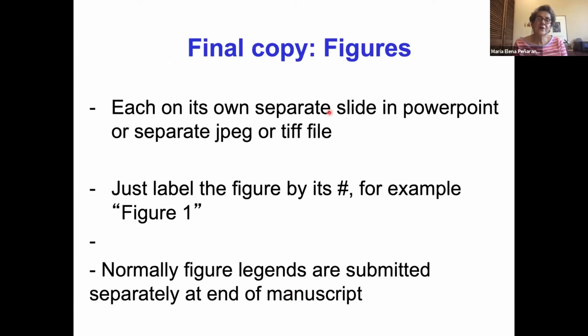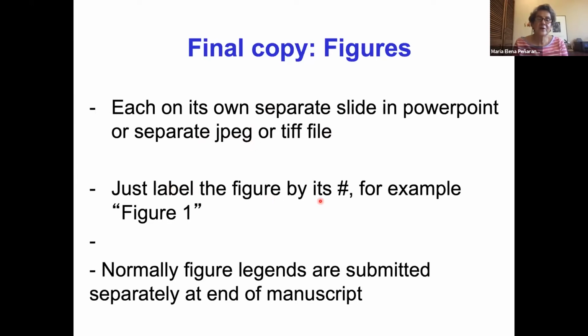Final copy of the figures. Each has its own separate slide or PowerPoint, or a separate JPEG or TIFF file, whichever the journal asks for, to present your figures and tables. So they go on separate pages in the format they want you to send them.